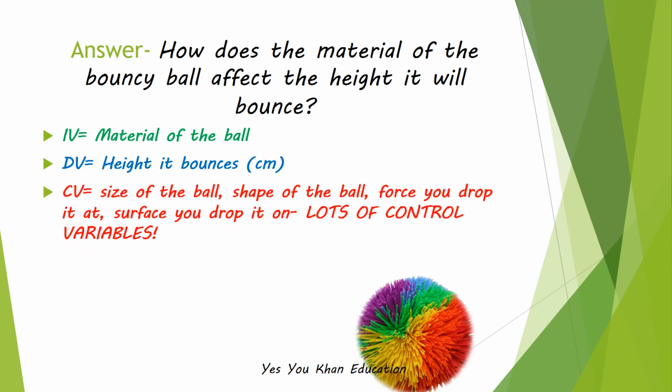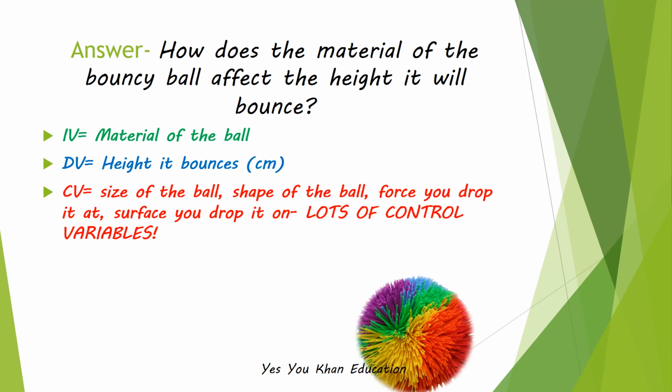Your control variables are many, and they include the size of the ball, the shape of the ball, the force you drop it at, the surface you drop it on. There are lots of control variables here. In every scientific experiment, you have lots of control variables. This is to make sure that you are carrying out a valid test. But what does this mean?